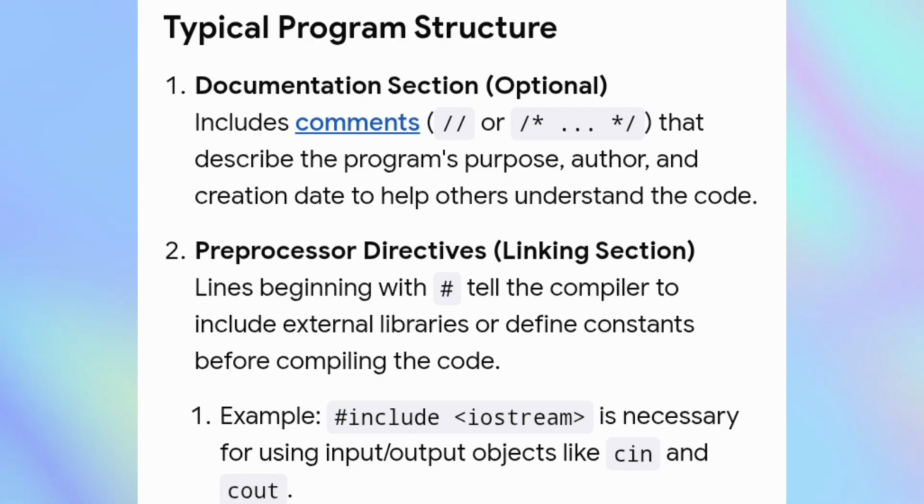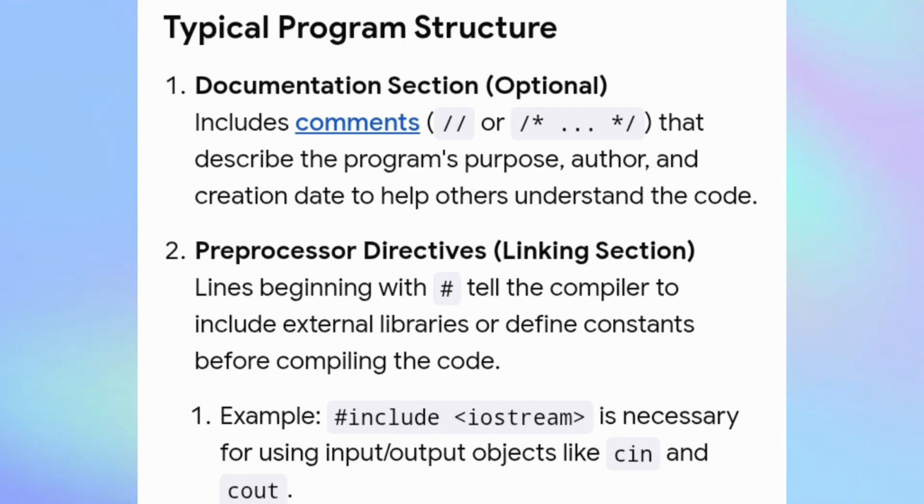Typical program structure: documentation section, optional. Inside comment lines using double slash or slash asterisk closing with asterisk slash, you describe the program purpose, author, and creation date. Comments help others understand the code.